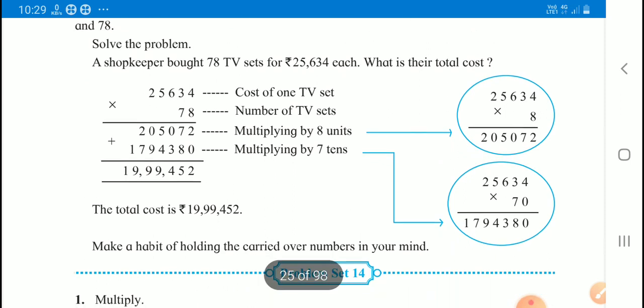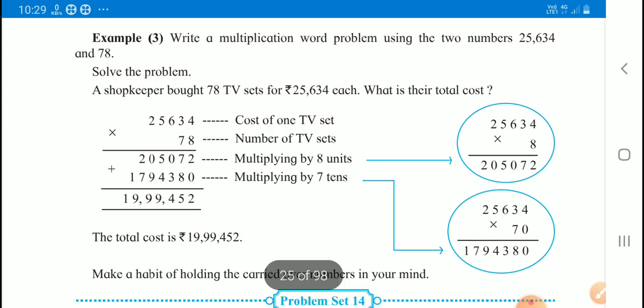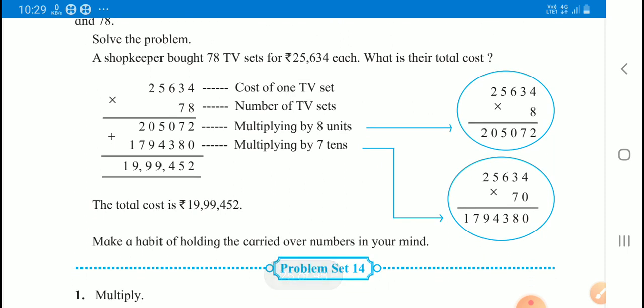You can make yourself the word problem. You can take any other things. Look like this way. Suppose a shopkeeper bought 78 chairs for rupees 25,634 each. What is their total cost? Okay.